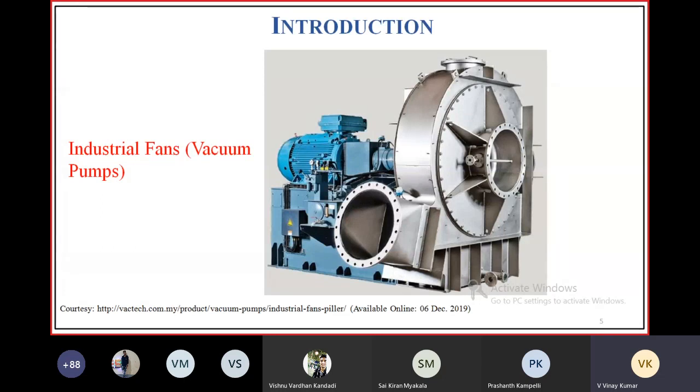If you want to utilize more power, it is possible only by using three-phase system. If you use a single-phase system, more power cannot be utilized. Here, another application is the industrial fan, which also works on three-phase system.